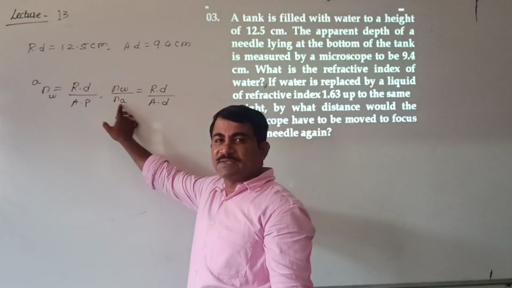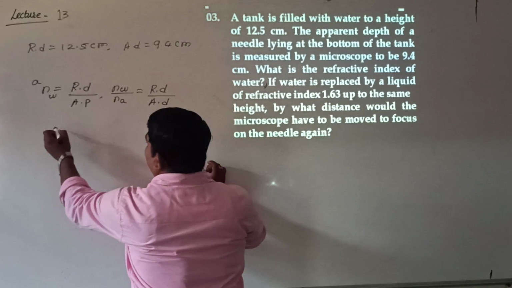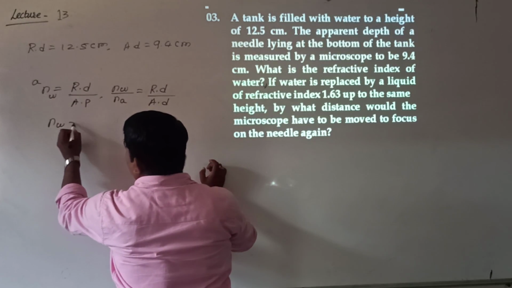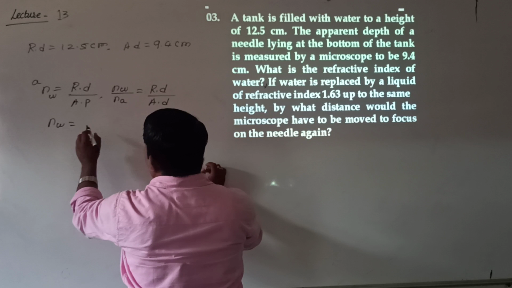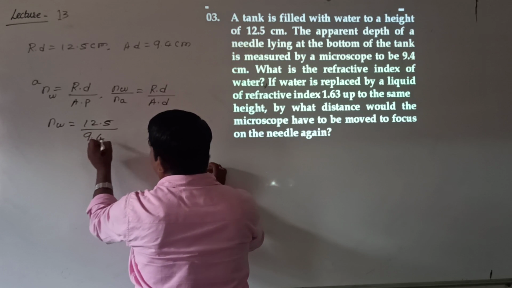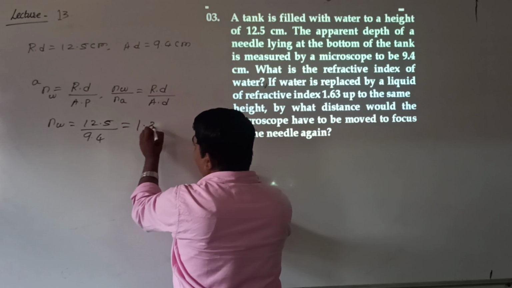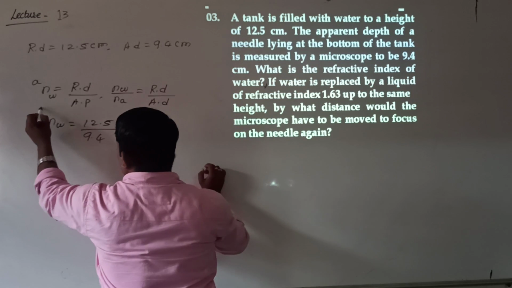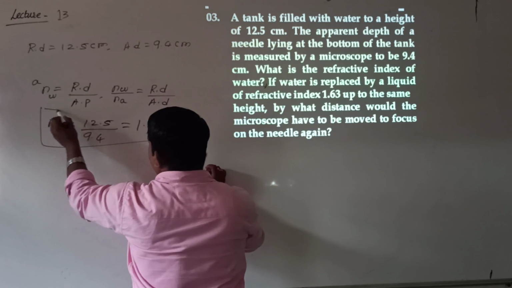Refractive index of air is 1, so the refractive index of water is real depth by apparent depth. Real depth is 12.5, apparent depth is 9.4. We get around 1.33. This is the refractive index of water.